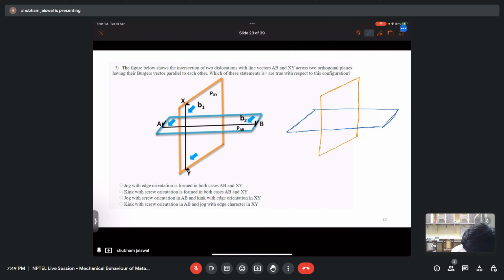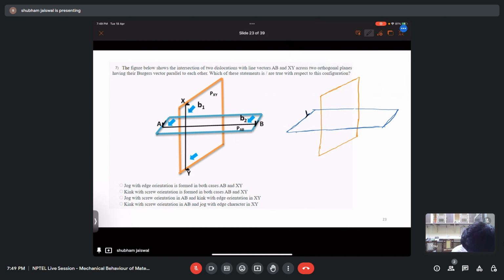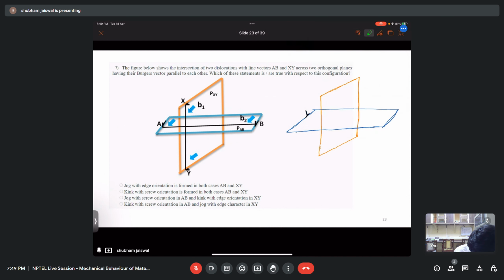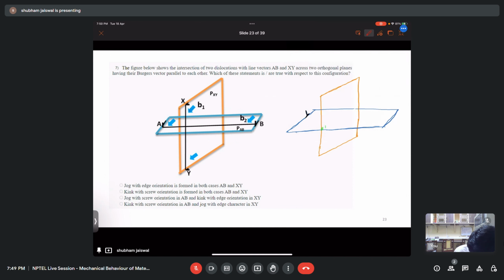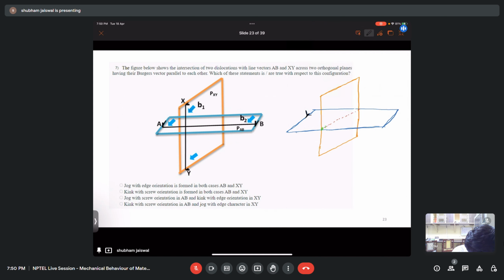So if I plot, sorry, okay, so till this point it will be the same. Then here B1 will create a step inside it, and it will again move to this point.